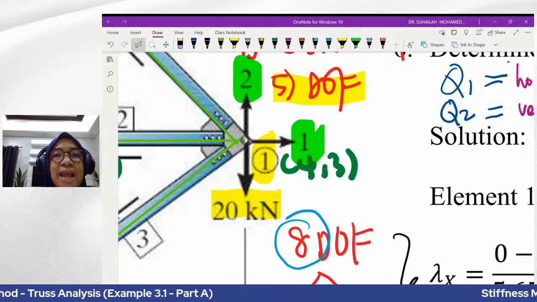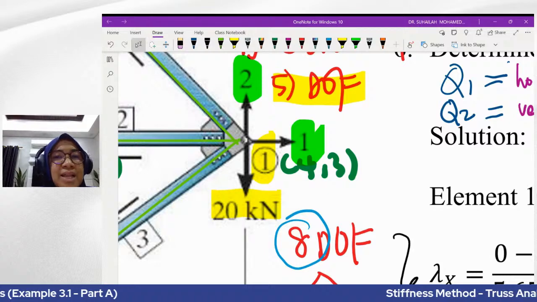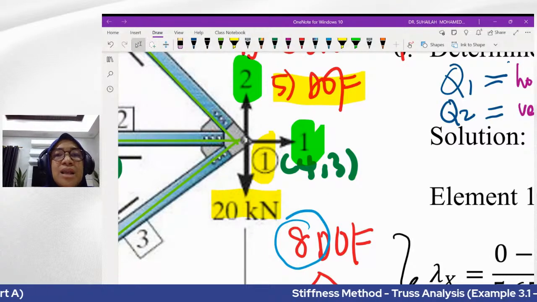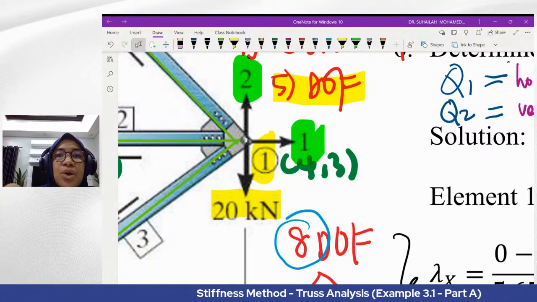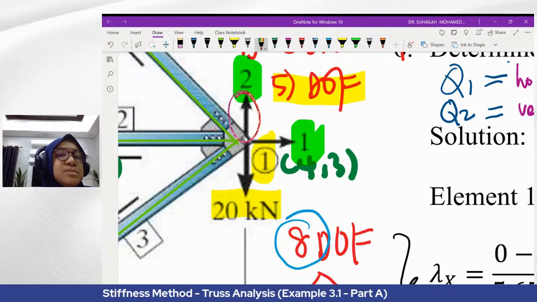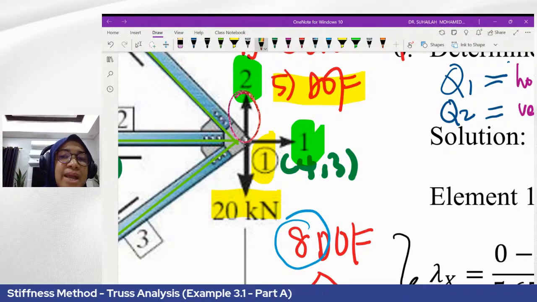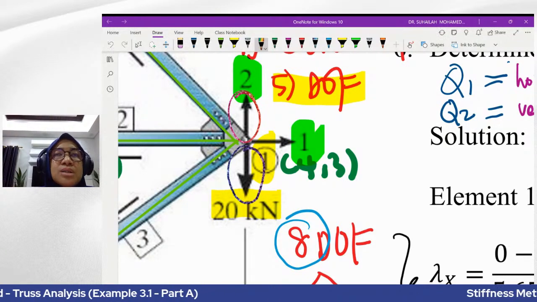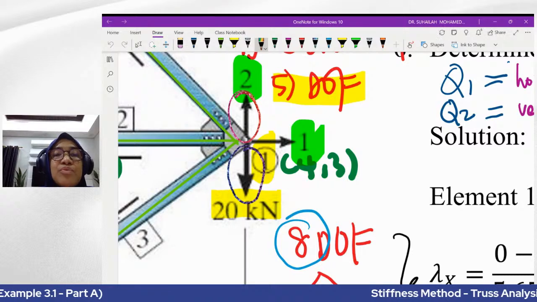And it is negative because it is opposite to the sign convention.